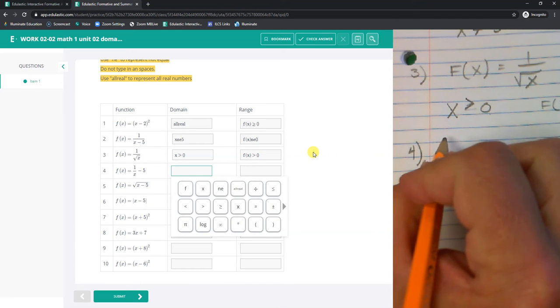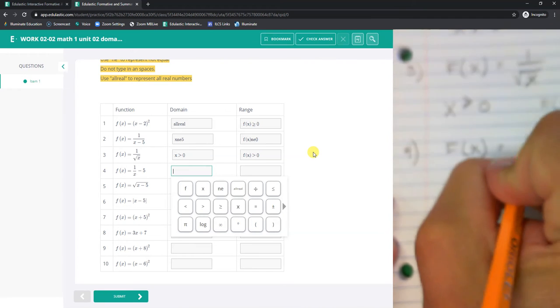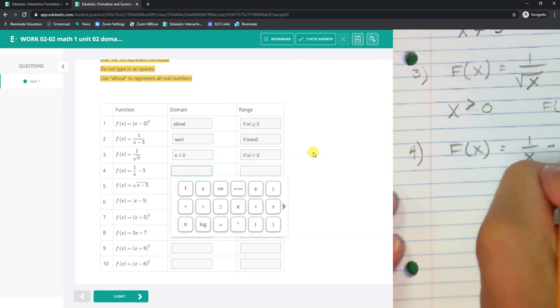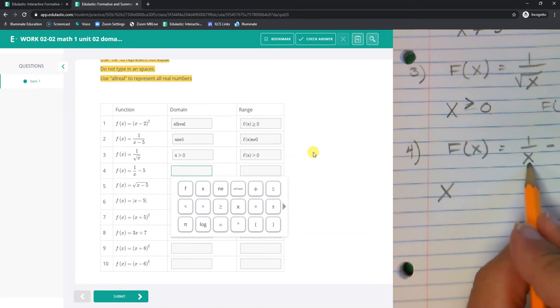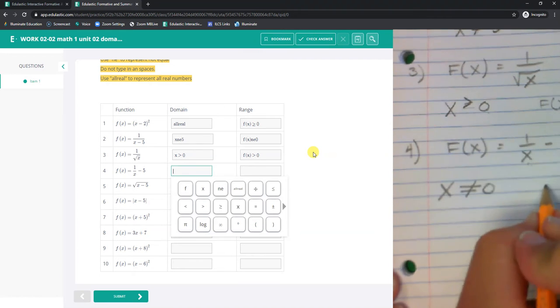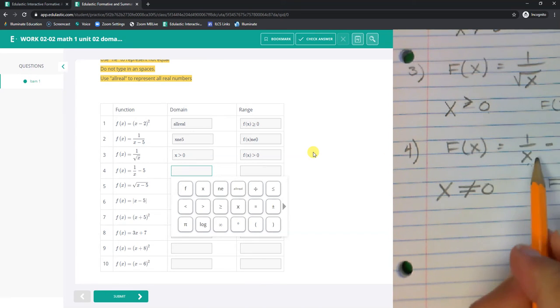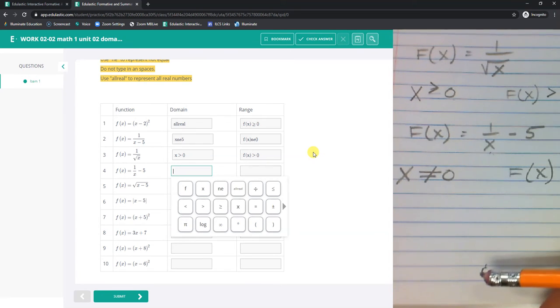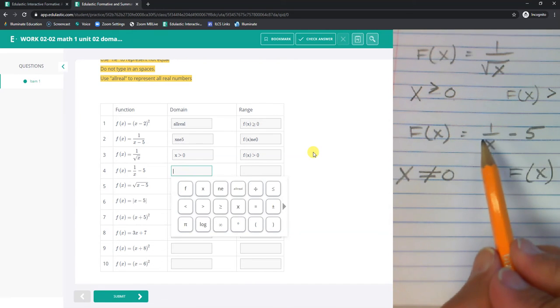This one, number 4. Okay, x, I can't plug in a 0. I can plug in anything else, but I can't plug in a 0. x cannot equal 0, which means for f of x, there's no way to get this to go to 0, which means there's no way for a -5 to ever come out of this thing.